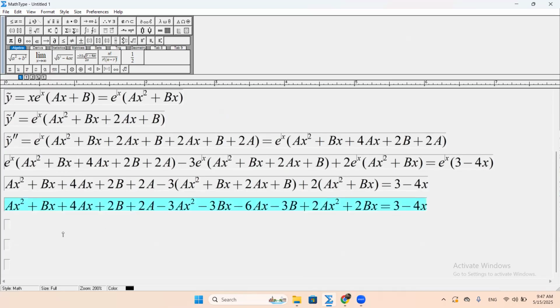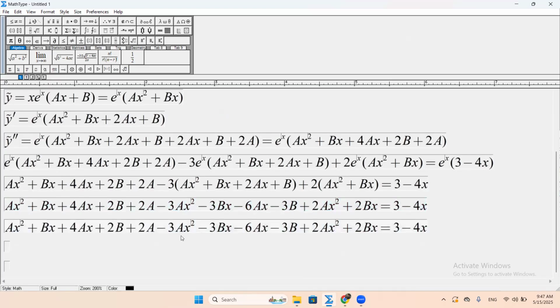What will be simplified? I can see x squared, so the coefficients before x squared will be cancelled: 1 plus 2 minus 3.